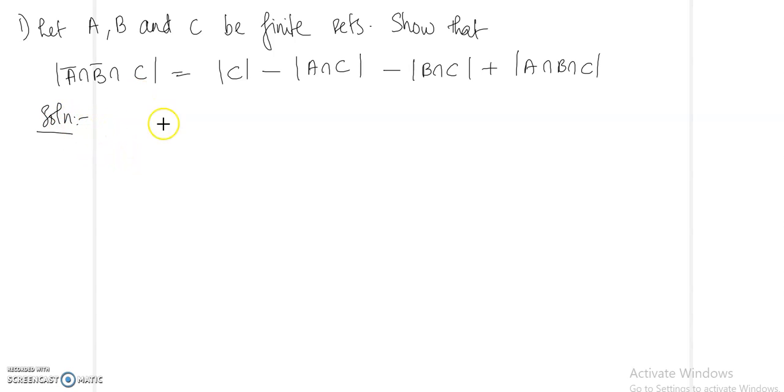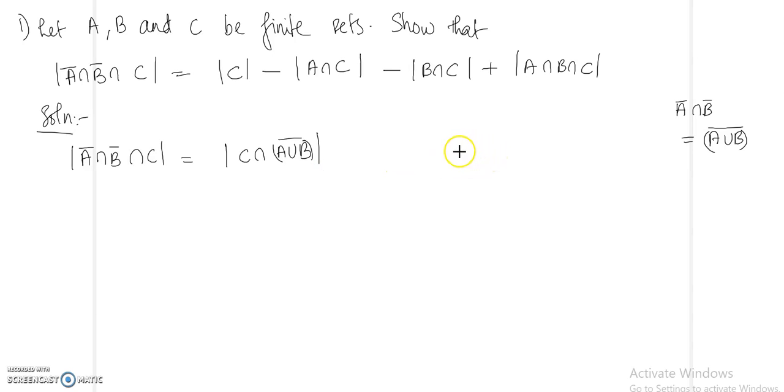So we need to show that the cardinality of A complement intersection B complement intersection C is equal to this sum. Now, A complement intersection B complement, by De Morgan's law, can be written as A union B whole complement, so that is C intersection A union B complement.